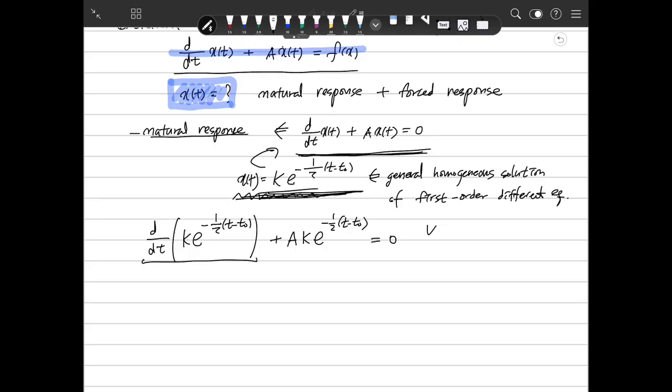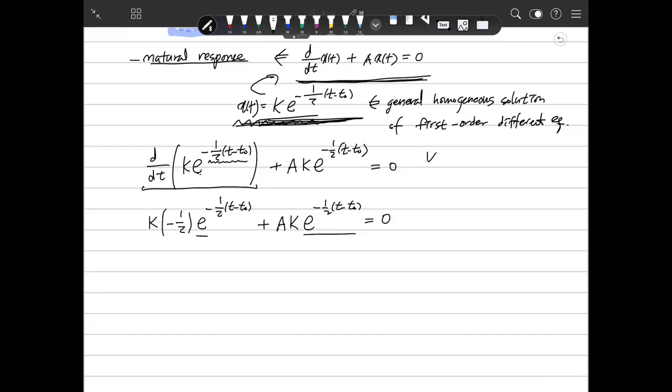Differentiating with respect to t, there will be minus 1 over tau times the exponential, plus a K times the exponential, equal to 0. These are the common terms. So we get (a minus 1 over tau) K exponential of minus (t minus t0) over tau equals 0.